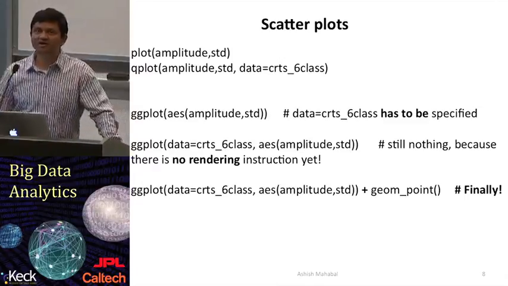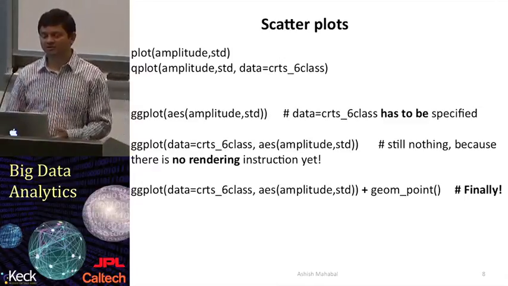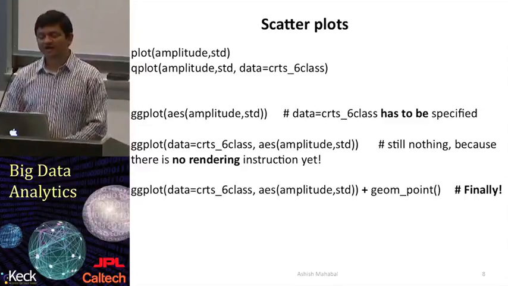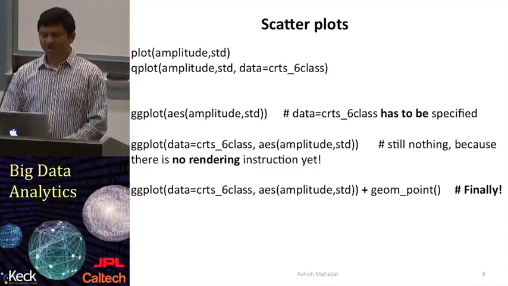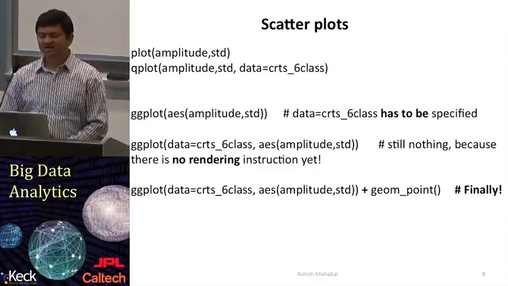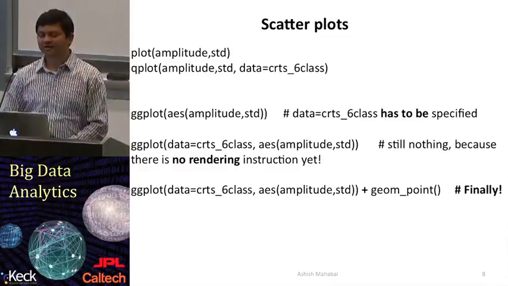Unlike qplot, it is not going to take it from an earlier invocation. So within the call, you have to give that. And the first statement there is going to just return an error saying, I don't know what data you are talking about. So the next one says let's use data of that particular data frame, and then we provide amplitude and std as the aesthetics.